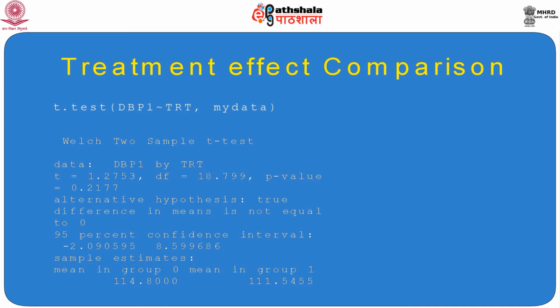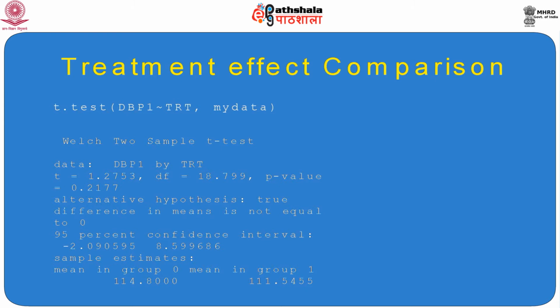So here again we are putting DBP1 with respect to treatment. DBP1 follows TRT is considered for my data, and that will be used to compare the mean value between the treatments, that is 1 and 0, and the corresponding diastolic blood pressure will be compared. Here the results show a Welch two-sample t-test, with a t value of 1.27 and degrees of freedom of 18.79, with a p value of 0.2177.